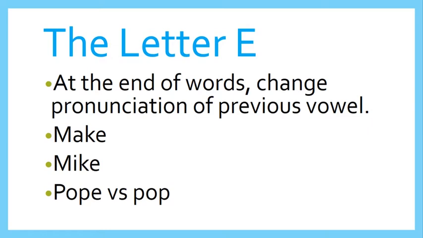Not "Mick," but this I becomes an I sound, Mike. Another good example here is Pope versus Pop. When we add an E, the O becomes long. So it's not "ah" anymore, it's O. So Pope versus Pop. So at the end of words, E could be silent.